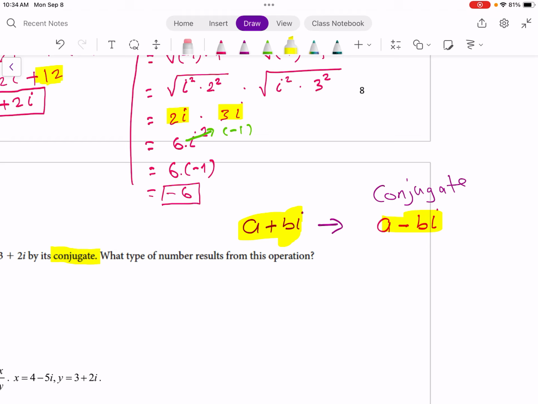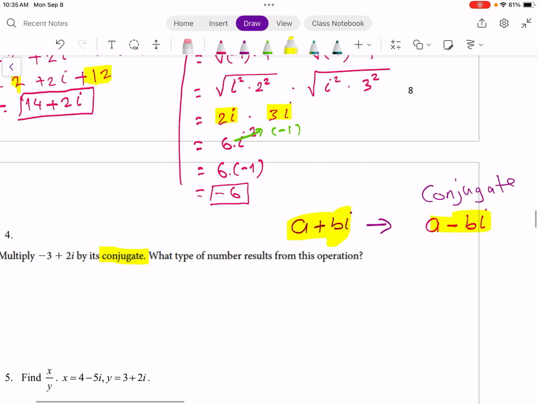The conjugate is positive i plus 4. The sign of the i term switches when you find the conjugate, not the real part. If it's positive, make it negative. If it's negative, make it positive. Only the i term, not the real part.